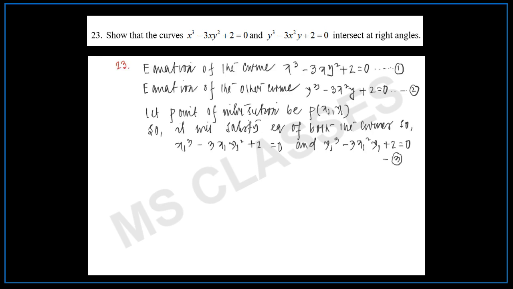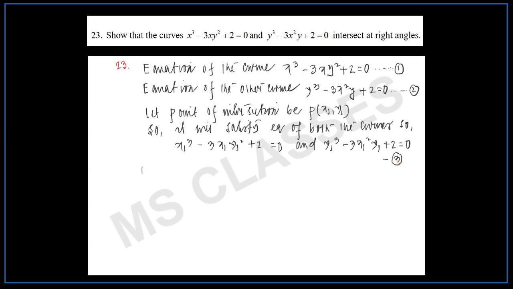Now we know for both of them we have taken simultaneous equations. To find the angle between the two curves, we know we have to find the slope of the curve at the point of contact. So we differentiate equation 1.